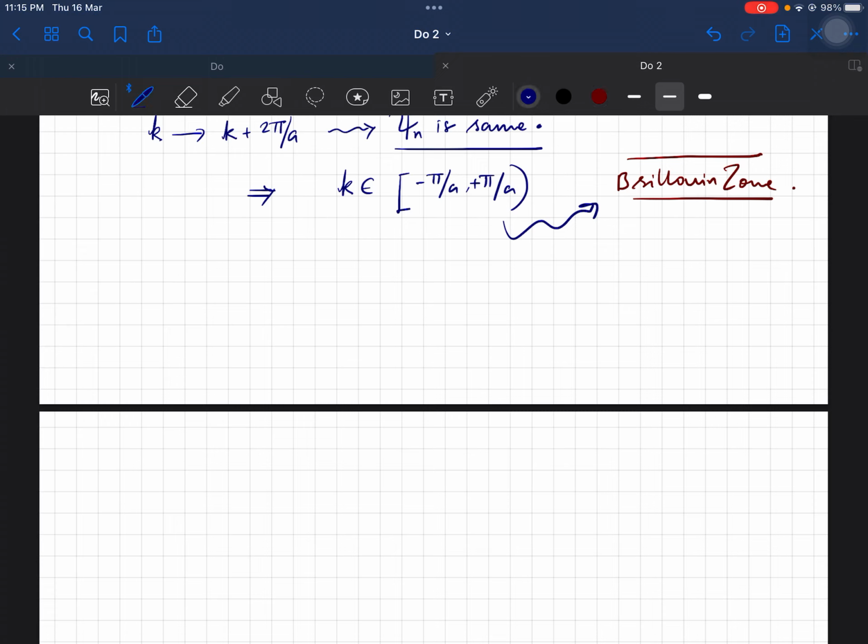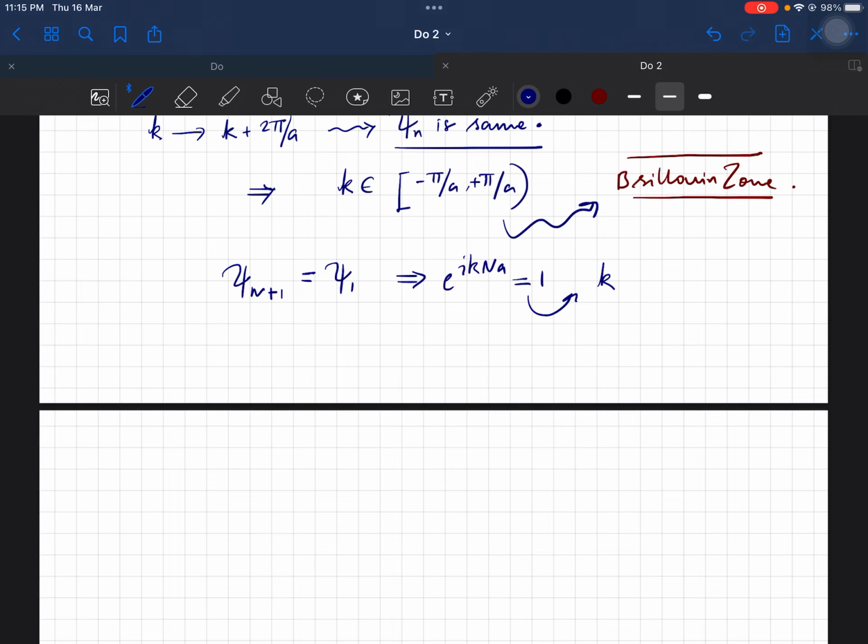There's also a condition on the allowed values of k coming from the requirement of periodicity. Periodicity of the lattice says that psi_{n+N} is simply psi_n, which implies that e^{ikNa} is simply 1. Now this implies that k is quantized.